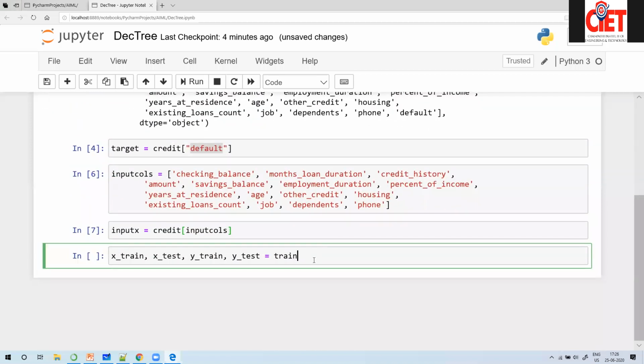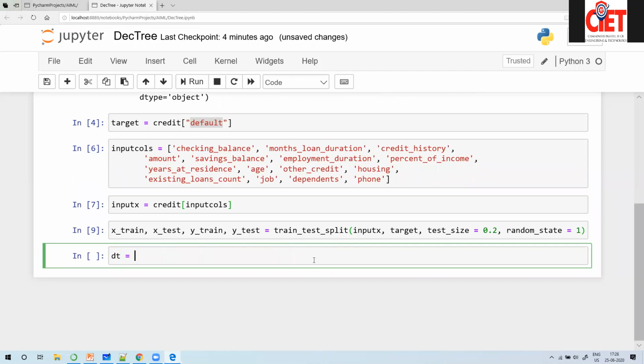Good. Now train_test_split, input X, target, test_size is equal to 0.2 and random_state is equal to 1.